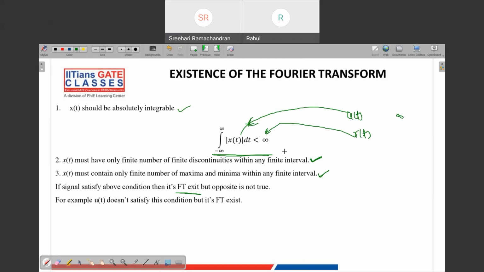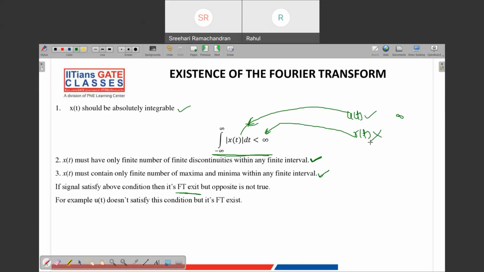So there are some signals which don't satisfy the criteria but we can still calculate the transform, and some which don't satisfy the criteria and we cannot. This condition we also call the Dirichlet condition.